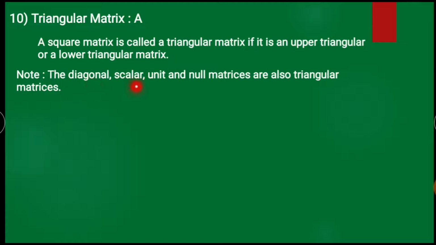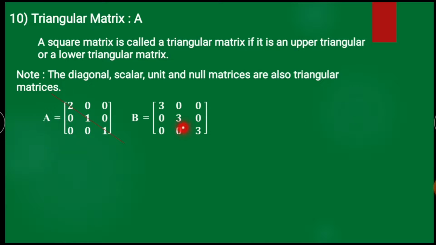Note that diagonal, scalar, unit and null matrices are also triangular matrices. See here, A equals, here we consider diagonal elements as 2, 1, 1. So this is a square matrix, diagonal matrix, upper triangular matrix and lower triangular matrix.